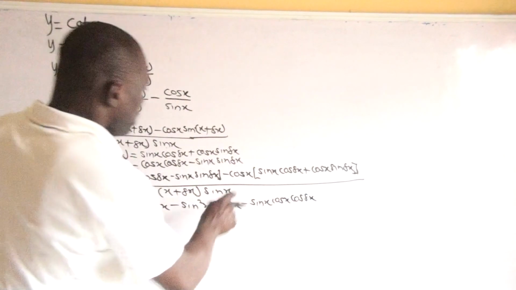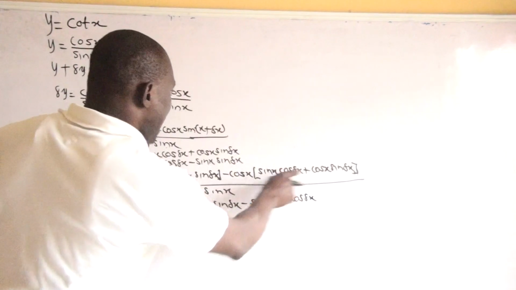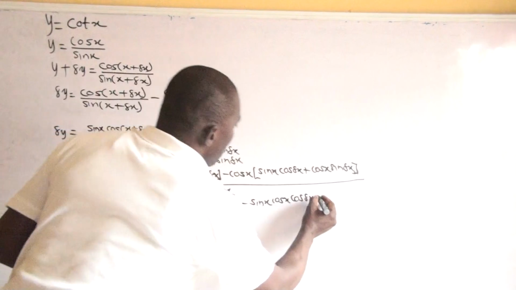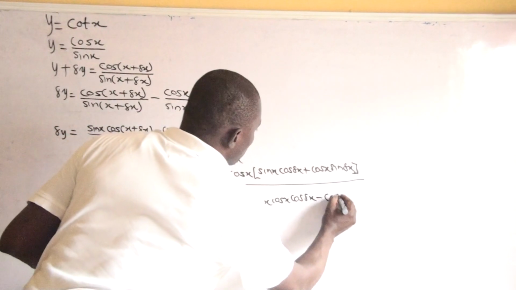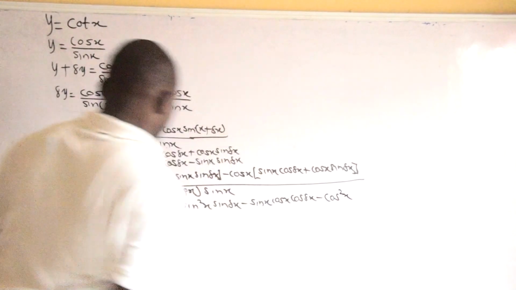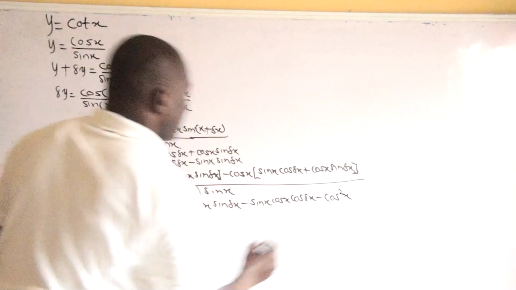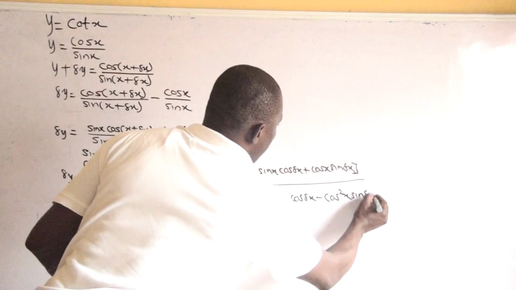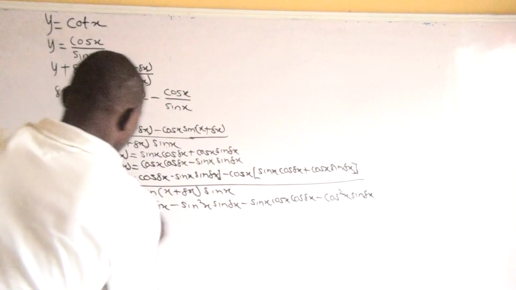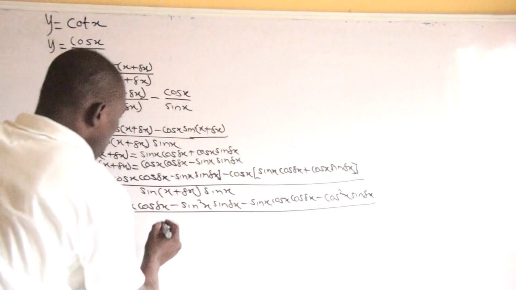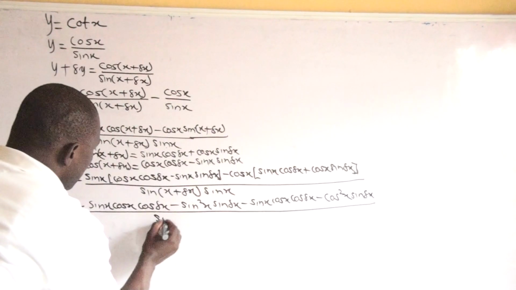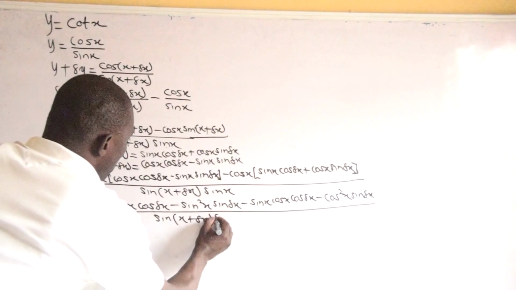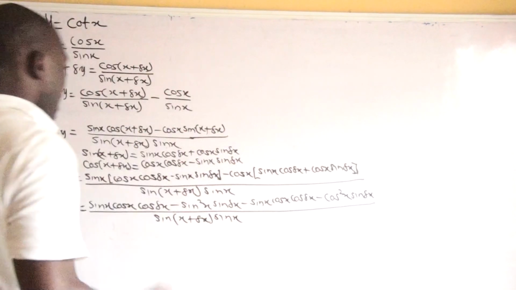Similarly, this one, minus cos x times plus cos x sin delta x, will give us minus cos squared x sin delta x, divided by what we have at the denominator, sin open bracket x plus delta x close bracket sin x.